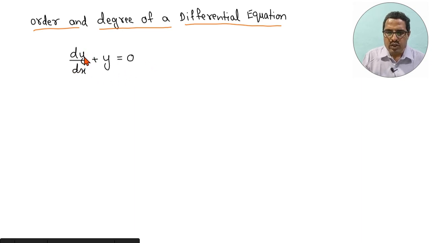Here you can find that y is being differentiated with respect to x once. Therefore, it is a first order derivative and that itself is the highest order for this given differential equation. Therefore, the order of this differential equation is 1. We observe that the power raised to this dy by dx is 1. Therefore, this 1 represents the degree of the given differential equation.